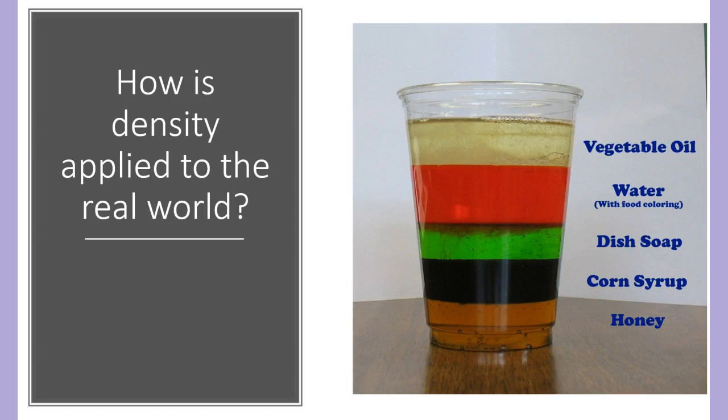Vegetable oil is less dense than honey. Water is more dense than vegetable oil. Water is less dense than dish soap. Corn syrup is more dense than dish soap, but less dense than honey. There are so many different ways that you can actually describe what you see.